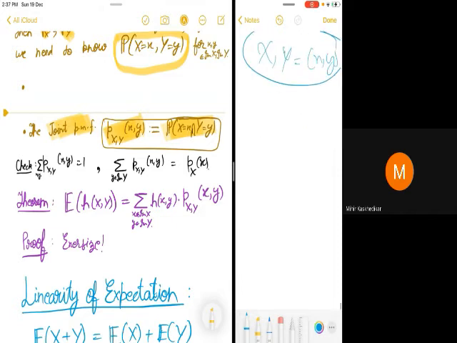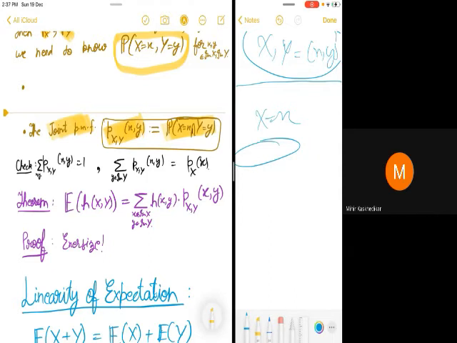Is this definition clear? Yes. Okay. So the idea is that the event X equals small x is some event, and Y equals small y is some other event, and we consider the probability of its intersection.